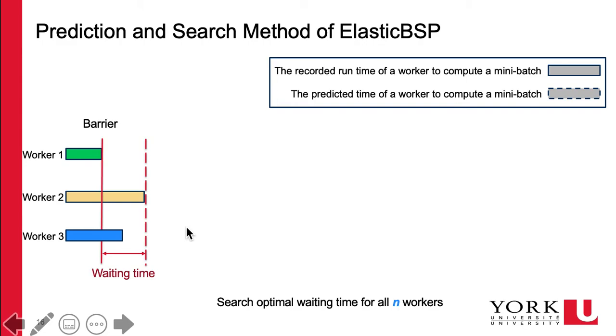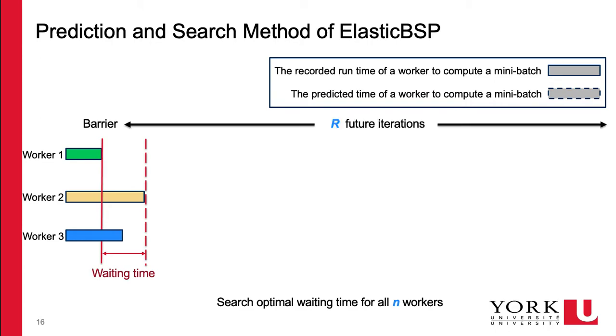Then we think, wait a second, what if we allow the workers to run more? Let's estimate the R future iterations for each worker based on the information we just got.